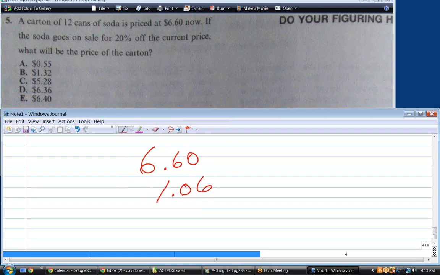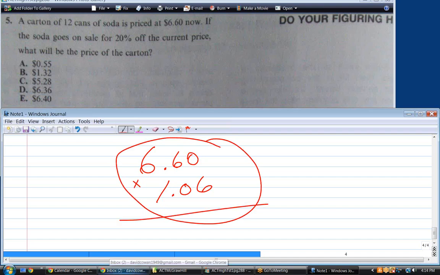In other words, 0.06 would give you the amount of the tax. But then you have to add that to the original price. So if we want to do it all in one step, we just multiply 1.06 times 660. In other words, whatever the premium is, you can add a 1 to it, or whatever the discount is, you can subtract that from 1.